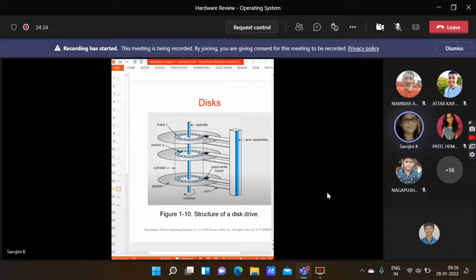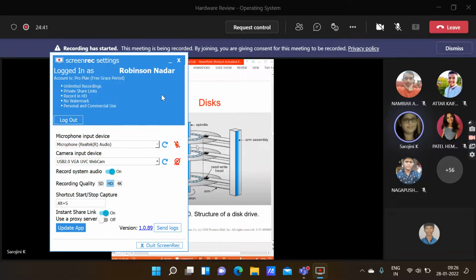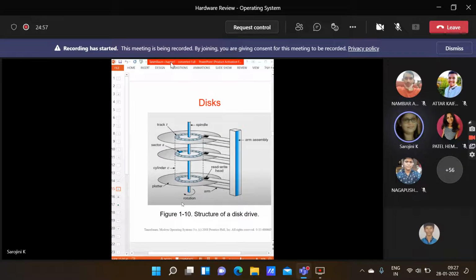But when I say cylinder, that denotes a particular track position of the read write heads in all the disks. That's why there are two different terms. You may wonder why a cylinder is necessary: it is necessary to say that all the read write heads in all the disks are on the same track. To denote that, that particular shape is called a cylinder.